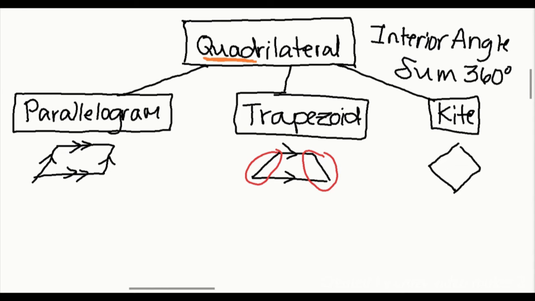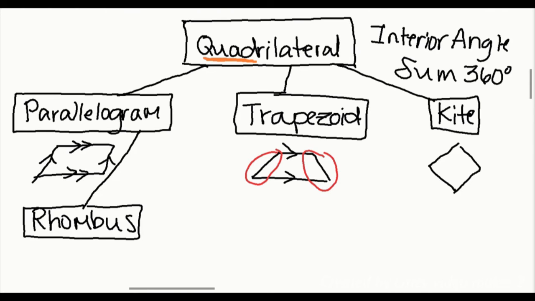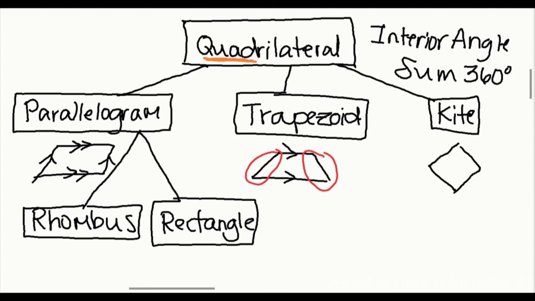Parallelogram, he or she, however you want to look at it, got married and had 2 kids. So parallelogram had one of its kids, rhombus, and one of its other kids is rectangle. So parallelogram had 2 kids, rhombus and rectangle. Since rhombus and rectangle are parallelogram's kids, they have the same traits.